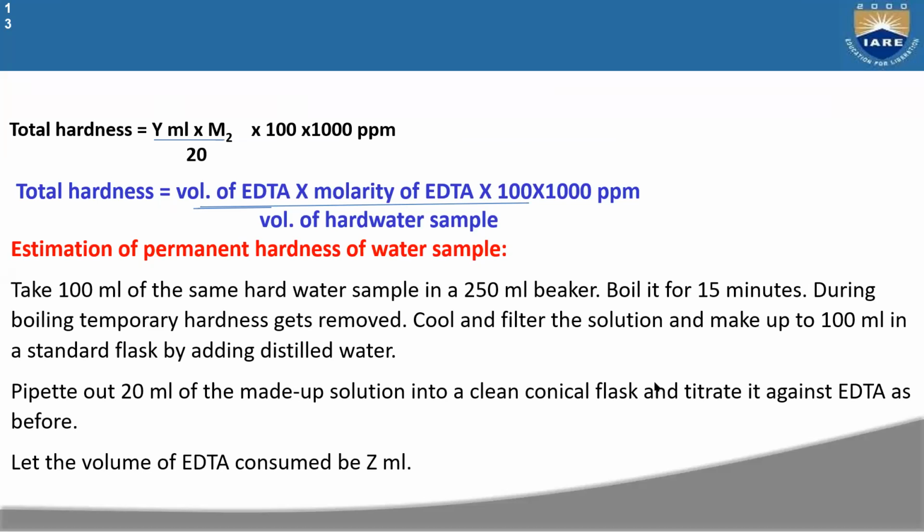Estimation of permanent hardness of water sample means we have to take 100 ml of the same hard water sample in a 250 ml beaker.